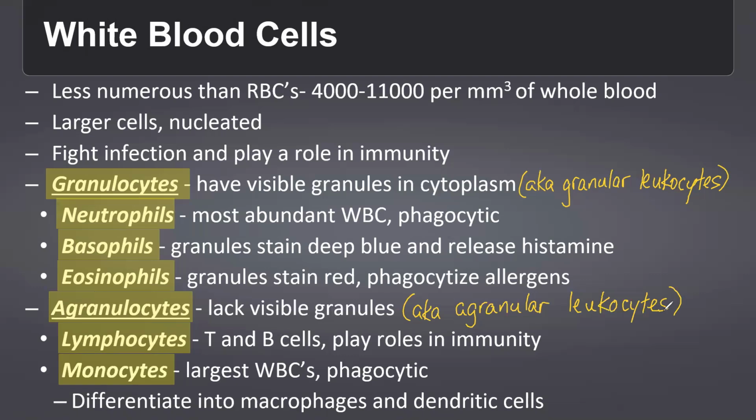Lymphocytes deal with B and T cells, and they play a role in immunity. We'll talk about those later. They have memory cells. If you encounter something like a vaccine, your body builds up antibodies based on B and T cells having memory. They're also called memory cells. And then there's monocytes, which are the largest white blood cells, and they're phagocytic.